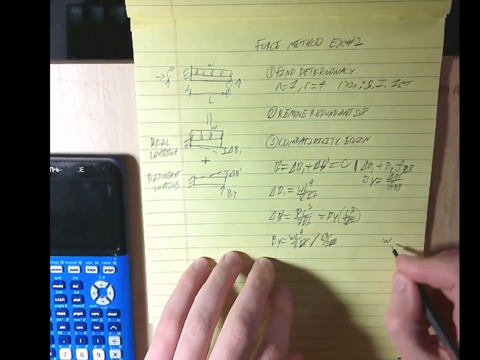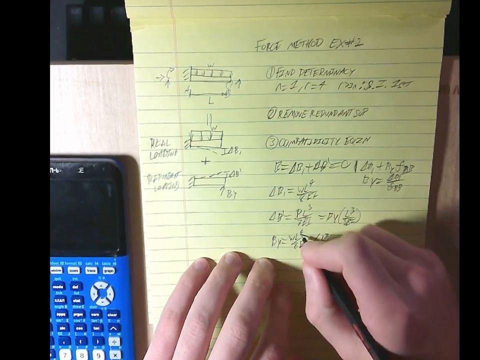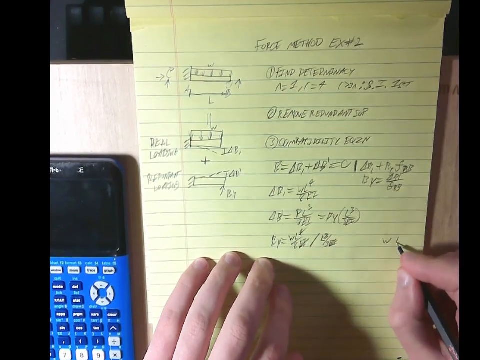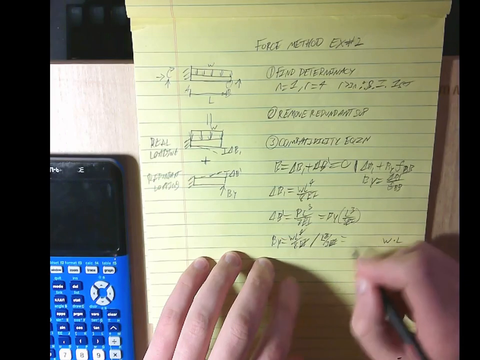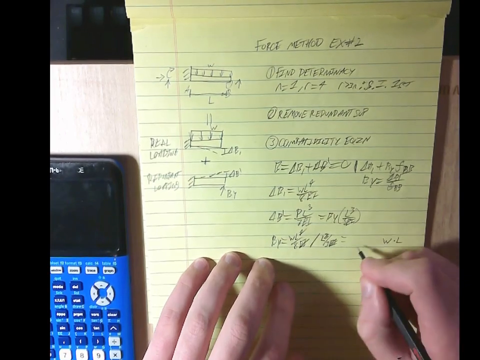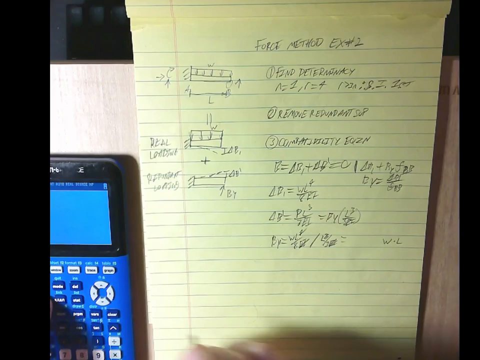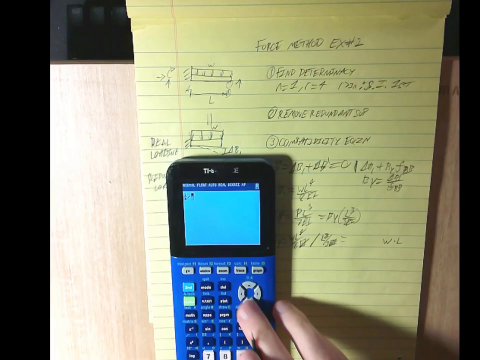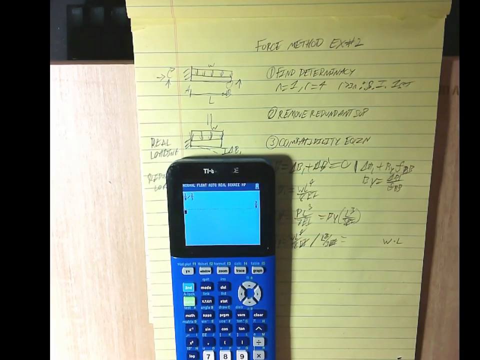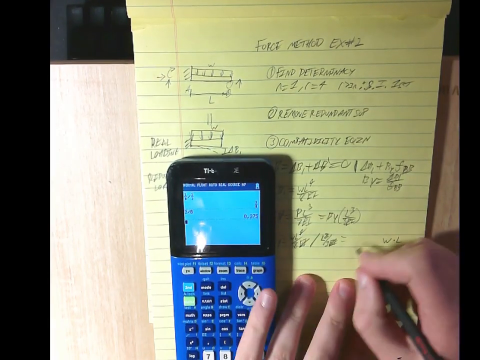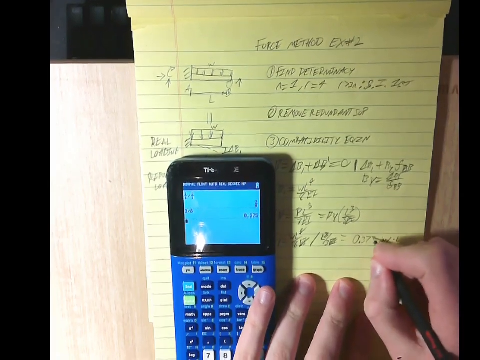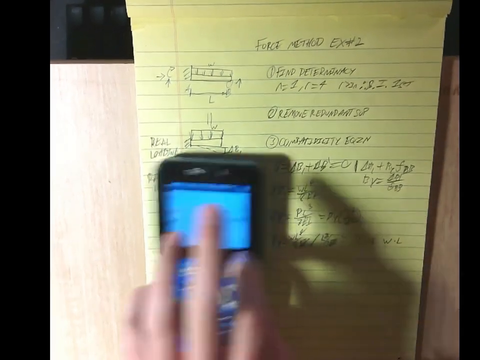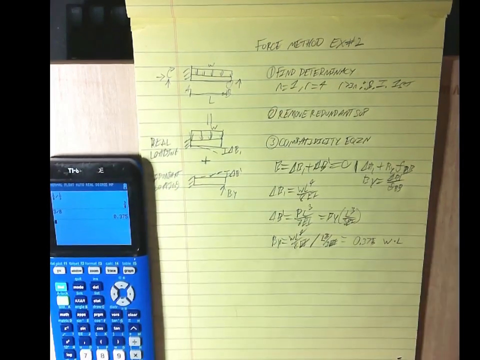W is going to stay out. This and this cancel to just become a singular L. And then all we have left is 1/8 divided by 1/3. 1/8 divided by 1/3 is 3/8, which is 0.375 times WL. That's BY.